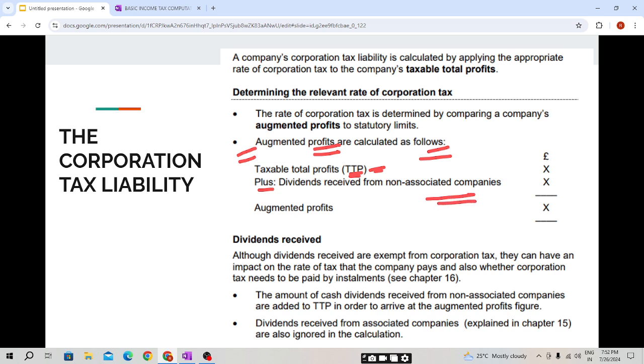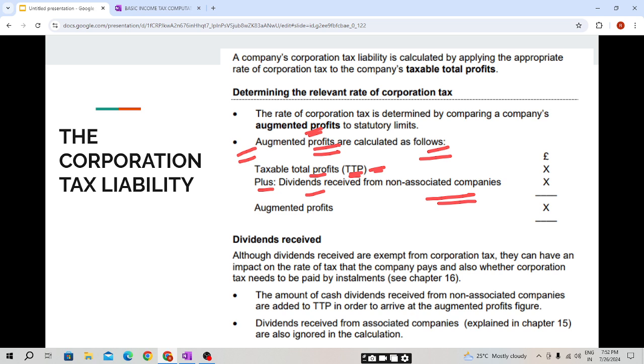So students, as we are moving further, we are learning some new terms. Now, what does non-associated company mean? We'll be covering that in our next slide.